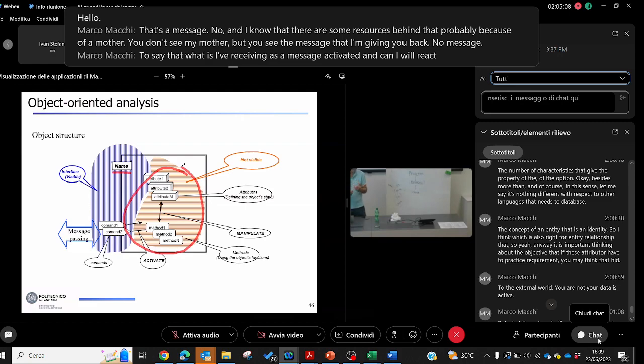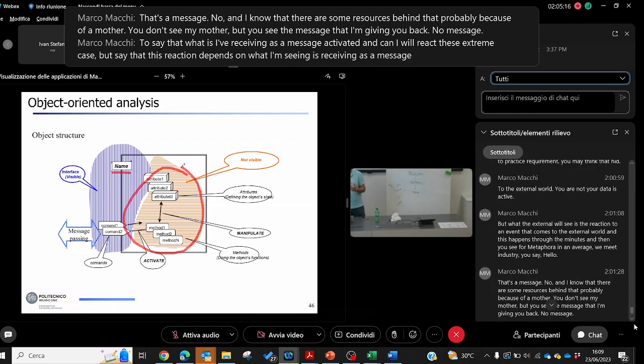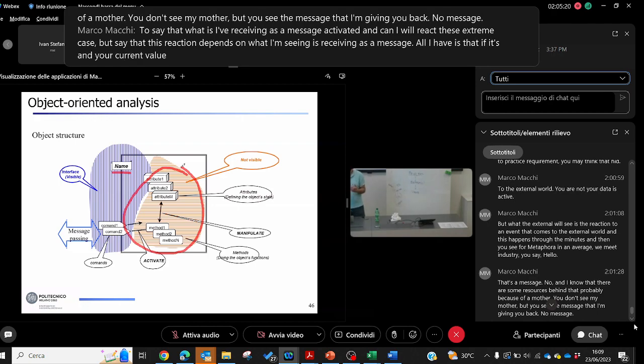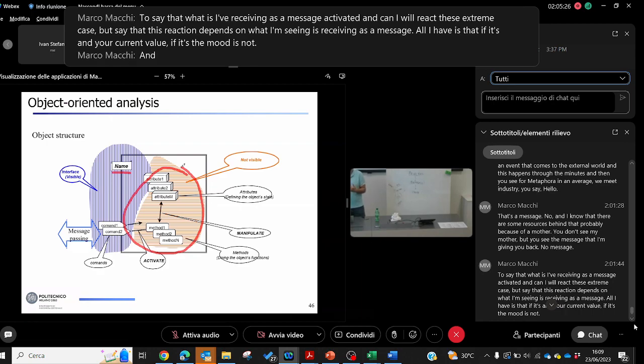In this extreme case, no reaction. But to say that this reaction depends on what I'm receiving as a message, what I have as attributes, and the current values of the attributes. The mood is not visible. And the final result in the interaction, because it's an interaction, is that the method enables giving a kind of answer.